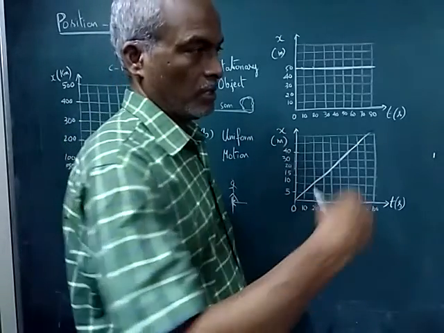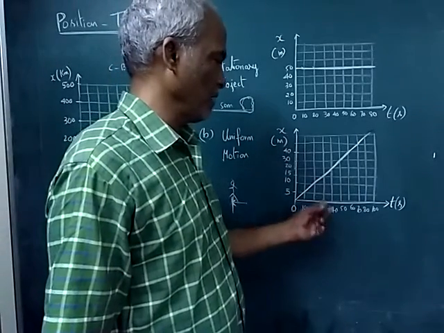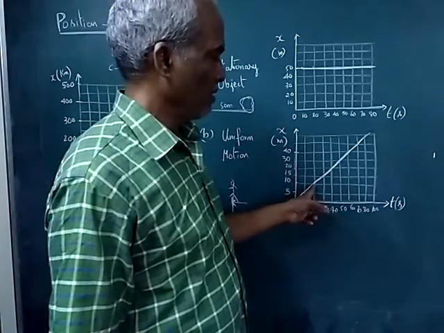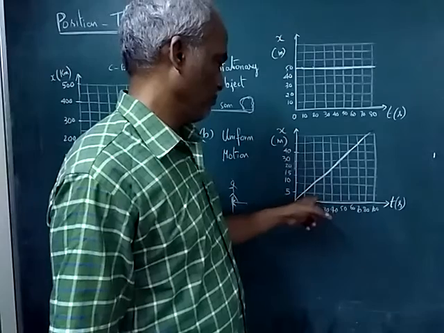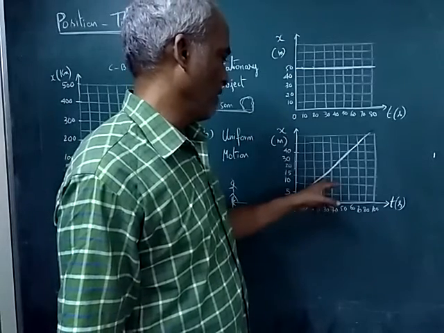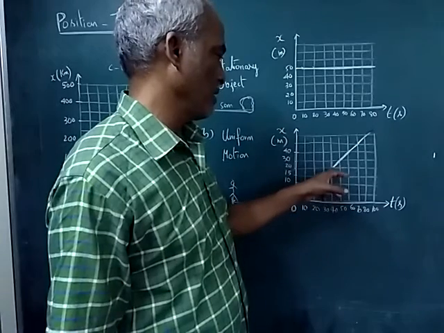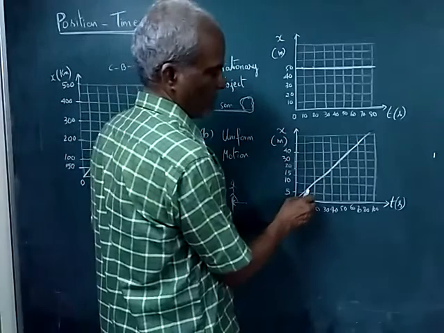Then for the next 10 seconds, that is at 20 seconds, he reaches 10 meters. Then at 30 seconds, 15, and at 40 seconds he reaches 20. So the slope is always constant.